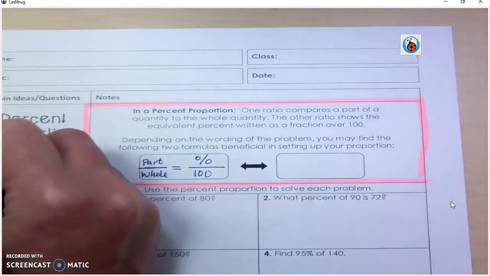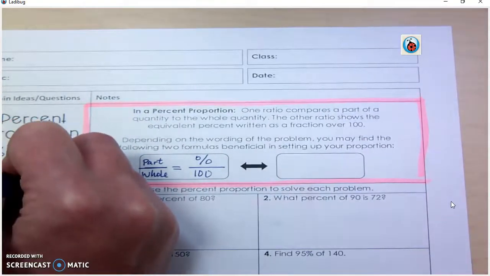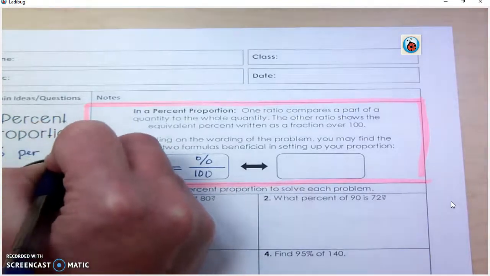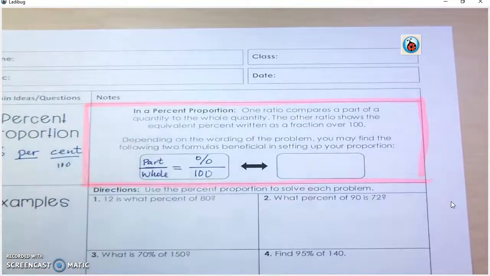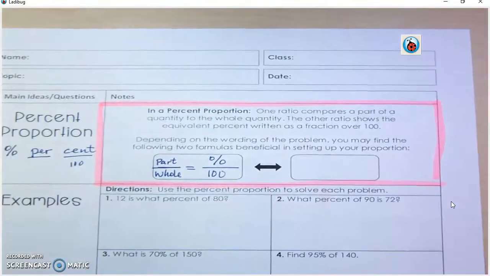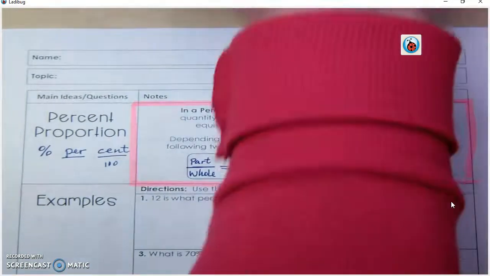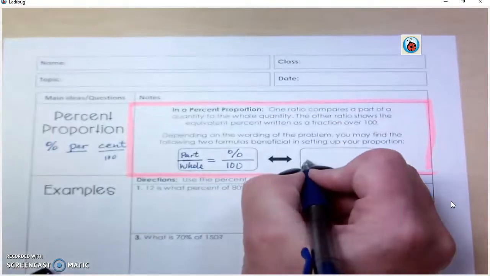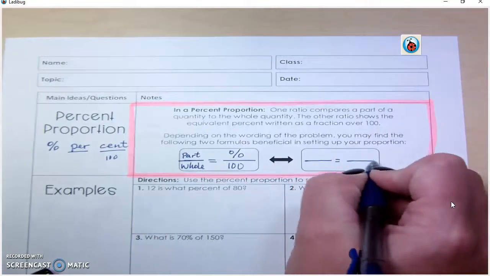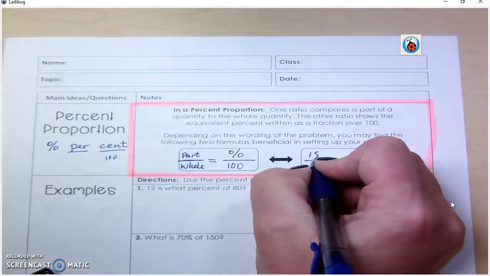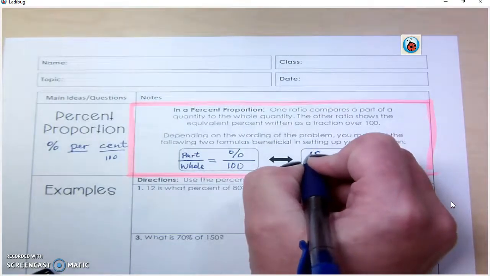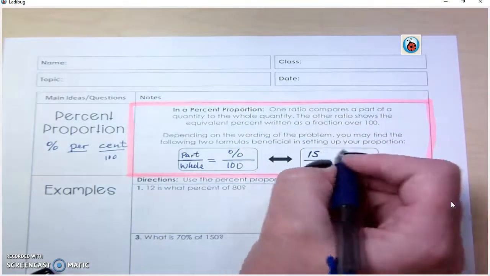Hopefully you remember that percent is per 100, so that's where it's coming from. There are a couple of words that will help us through this process. A lot of times the part of the number is associated with the word "is," and the whole number comes after "of."